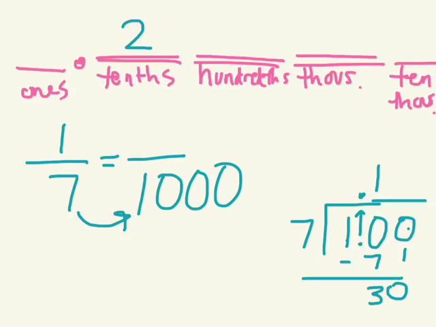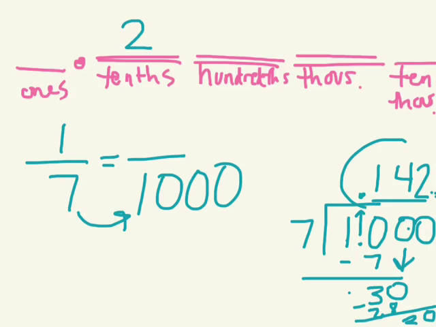So I'll bring my 0 down. 7 goes into 30 4 times. 28. Bring another 0 down. 7 goes into 20 2 times, and my decimal will go on from there. It's about 0.142. So that's my decimal for 1/7. I couldn't use my denominator method. I had to use my division.